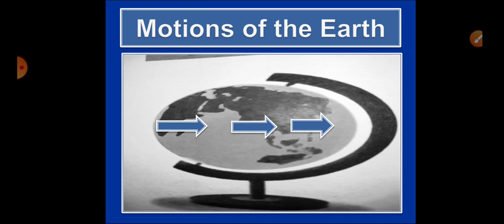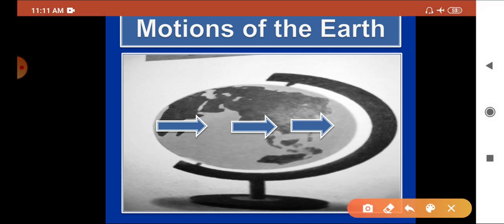Now the point is, this globe or this miniature model of the earth is attached with one frame and 2 points. Here you can see on the top we have one point at this corner, which is generally called North Pole, and the second point is here, it is called South Pole.